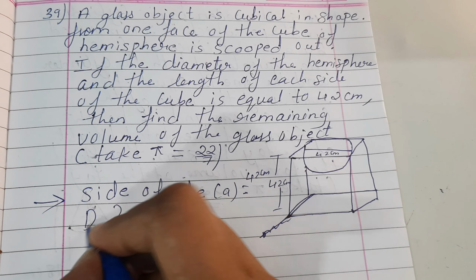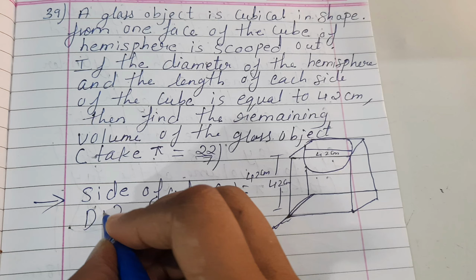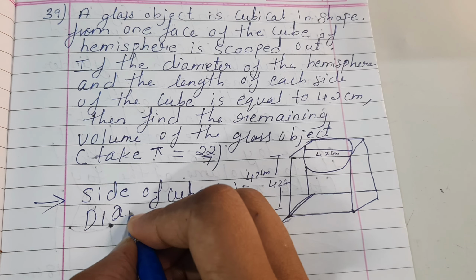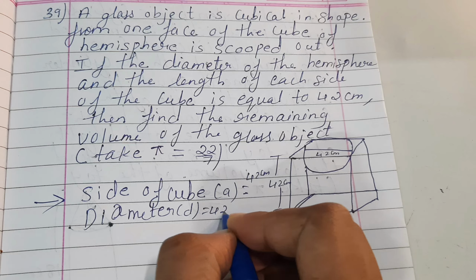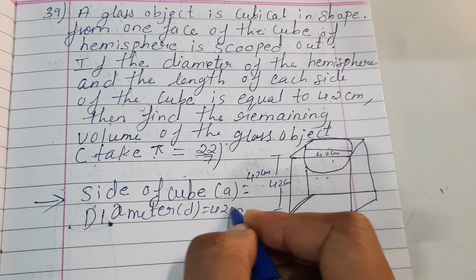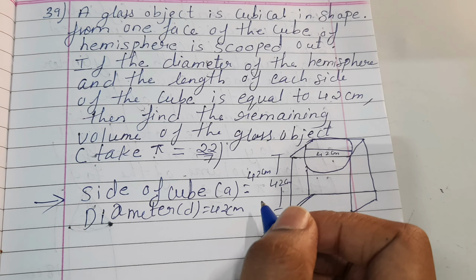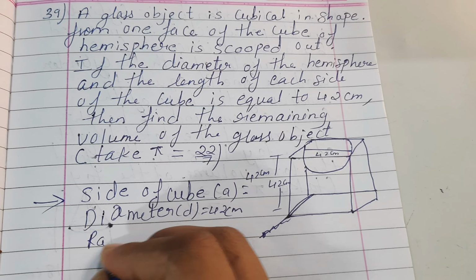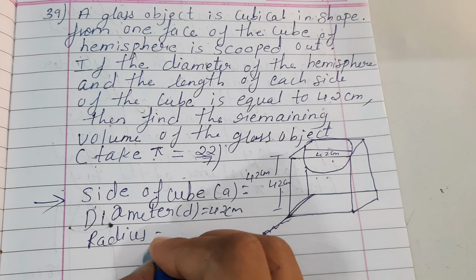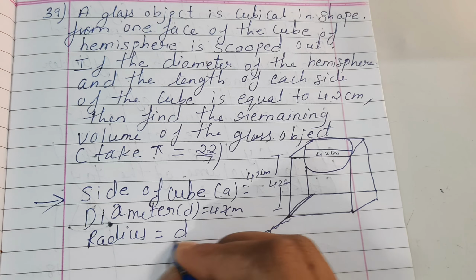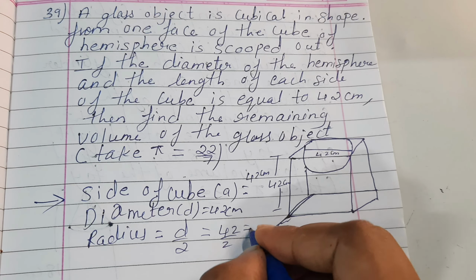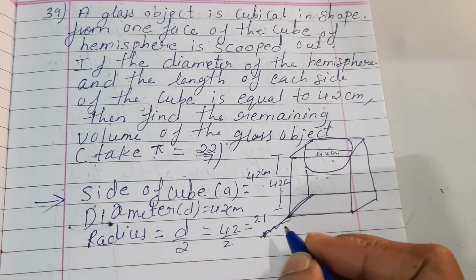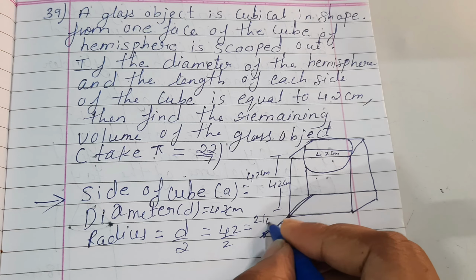What about the diameter? Diameter D is equal to 42 centimeter. Radius is half of diameter, means 42 upon 2, you will get 21 centimeter.